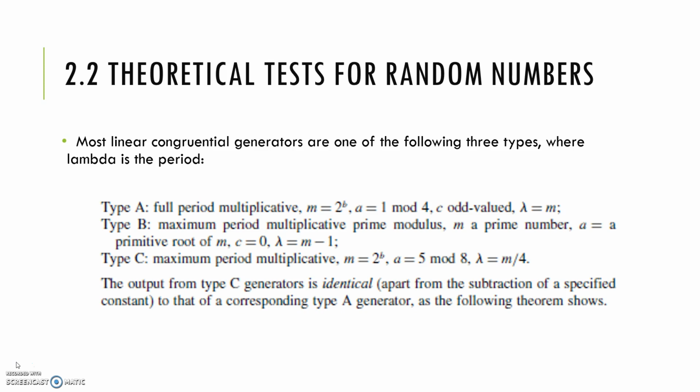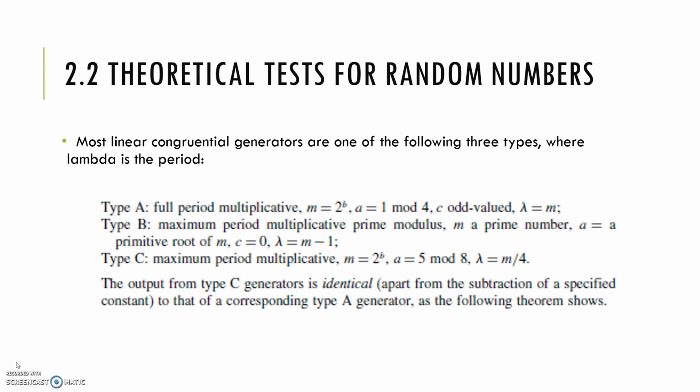And then you've got type C, which is a maximum period multiplicative, but as you can see, the lambda values differ, and the A and M are different. So you've got different parameters for each of those. And then the output from type C generators is identical to those of type A generators. The only difference is that in type A, you subtract the specified constant out.